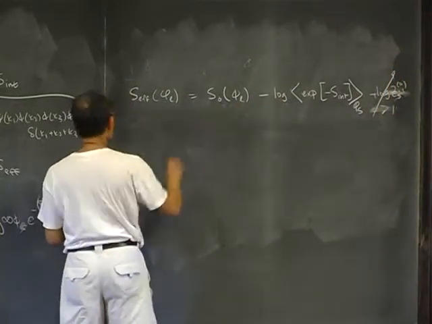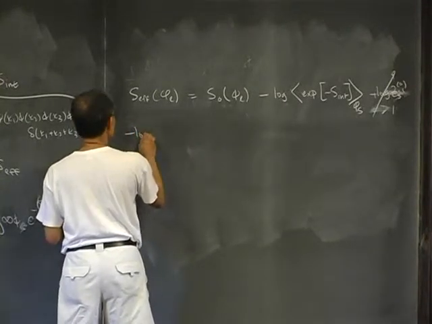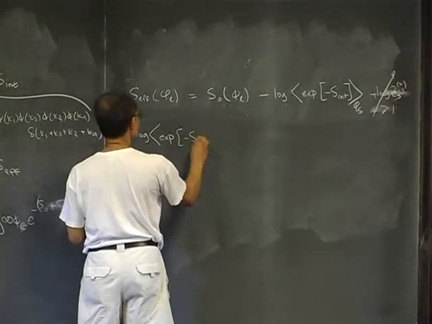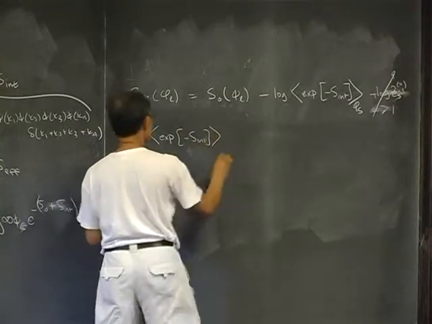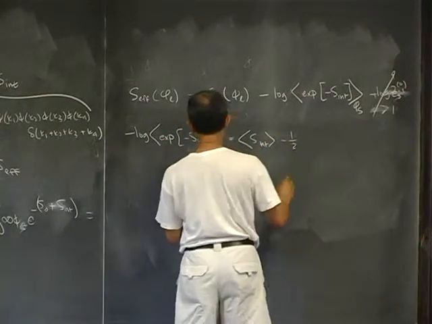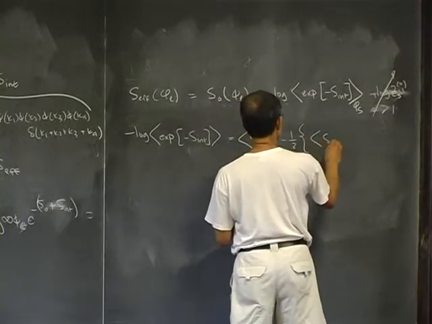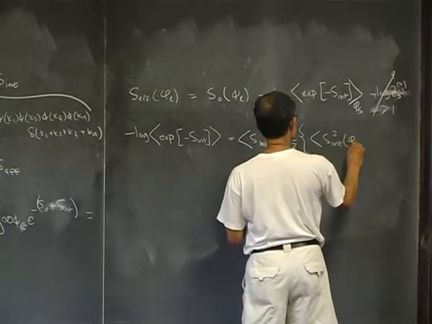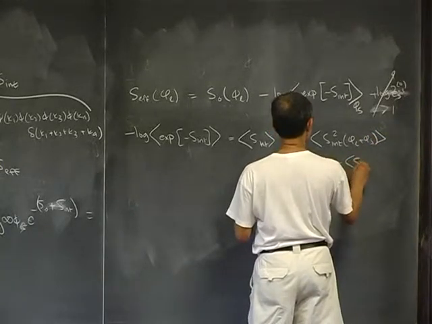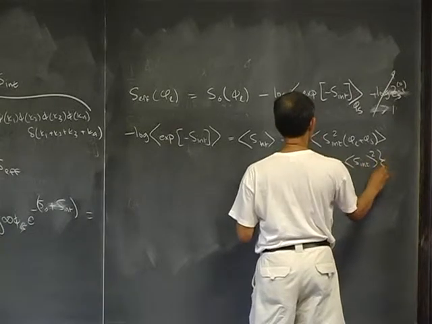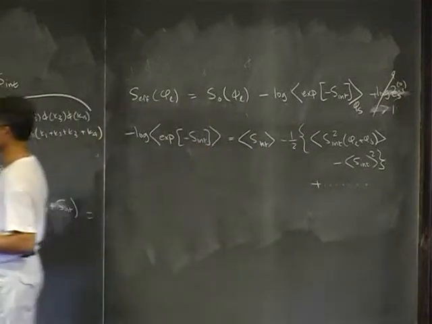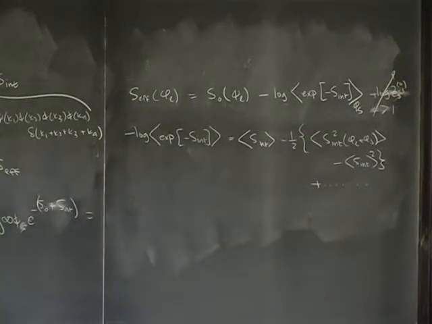Okay. So I want to now write an expression for the log of the exponential of minus S interaction, which is given by... where does this come from? This comes from the following.